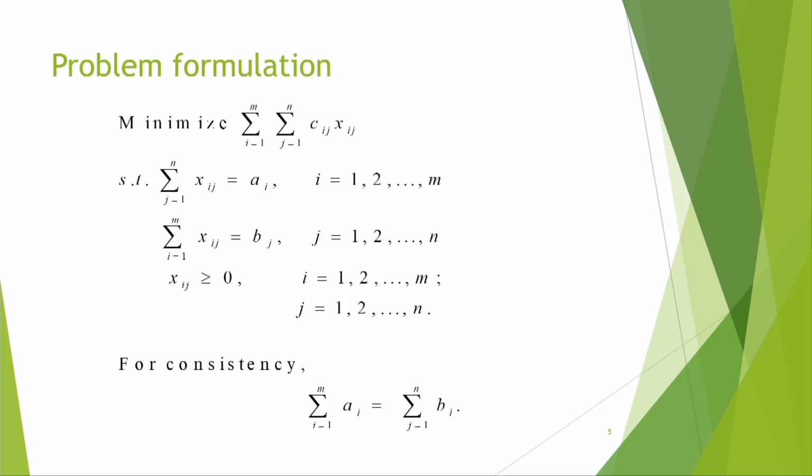In the general case we assume all xij are filled. So minimize the sum over i equal to 1 to m, j equal to 1 to n, of Cij xij, where Cij is the cost of transportation from supplier i to destination j.